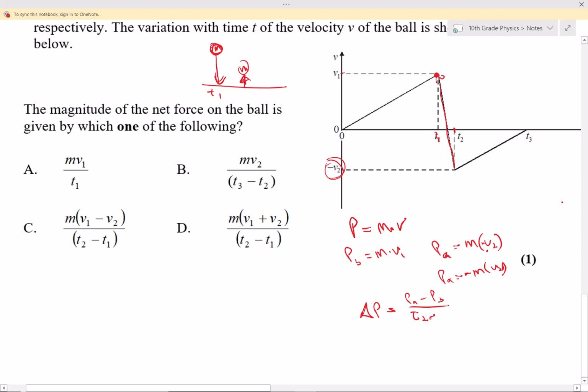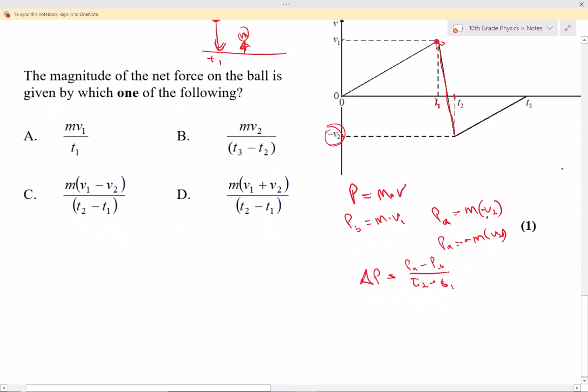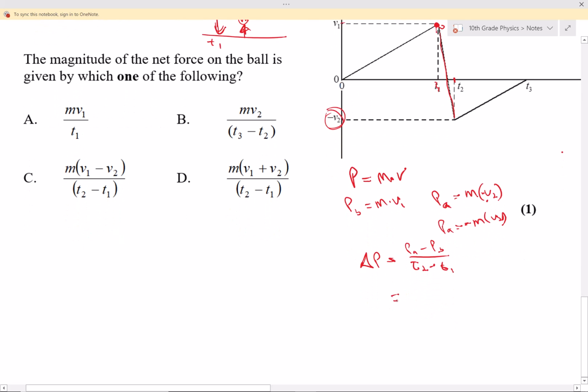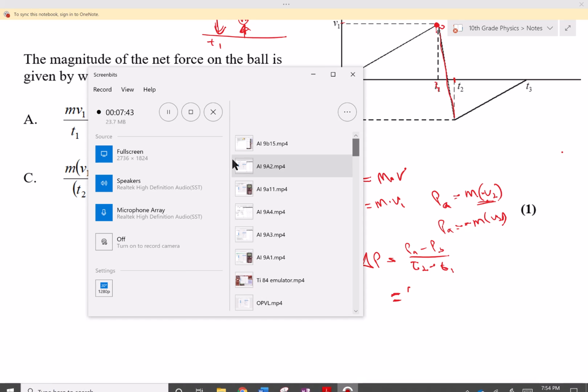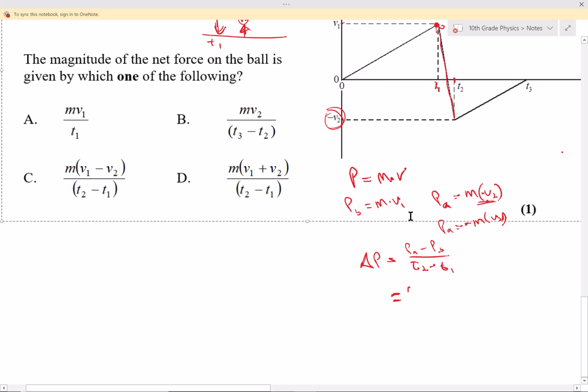If you do this, you end up with this, which is, hold on one second. Okay, never mind. We're not going to do it like this for now. Sorry. We're trying to look for the force, which that's not necessarily going to give it to us.